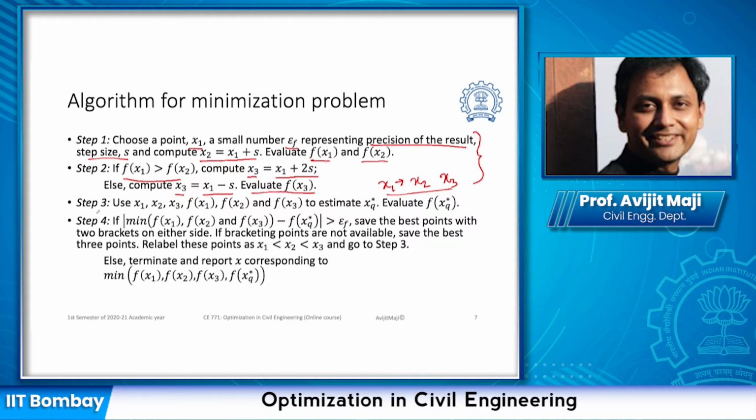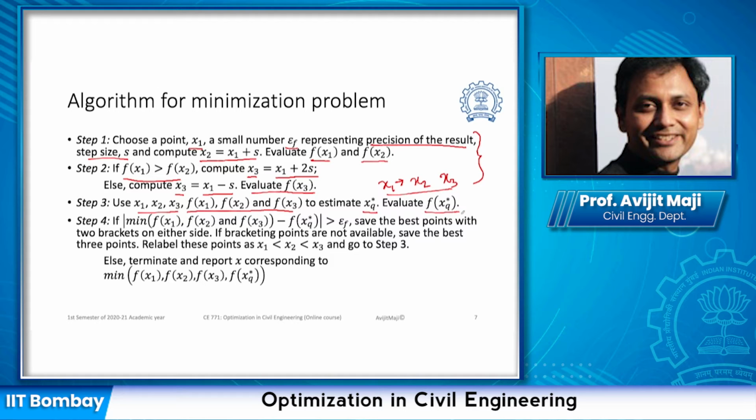step 3 starts. This is where we have these 3 points and the function values at those 3 points, and once we know that, we can easily estimate the optimum point based on the quadratic equation I just discussed in the previous slide. Once we find that point, we need to evaluate the function value at it.